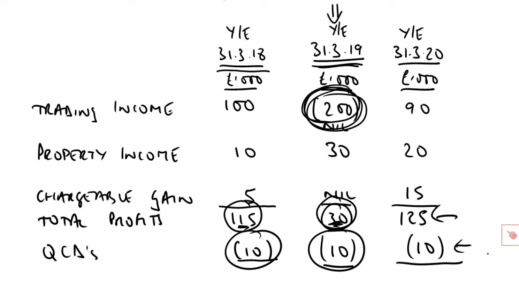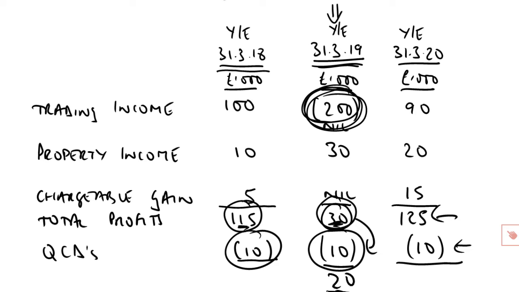Now, the good news about doing that is from a cash flow point of view. It means to begin with that we will not now have to pay any tax on what would have been a £30,000 profit of the current period, the year ended March 19, and we'll get a repayment. We won't have to pay any tax on the profit that would have been not 30, but of course it would have been 30 minus 10.